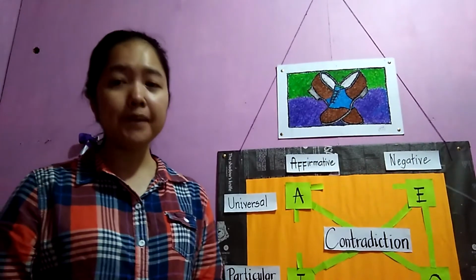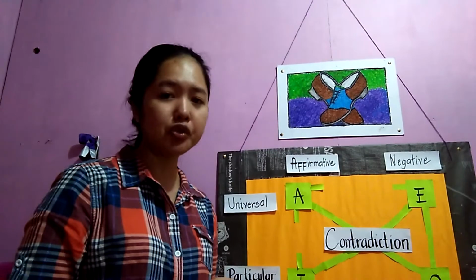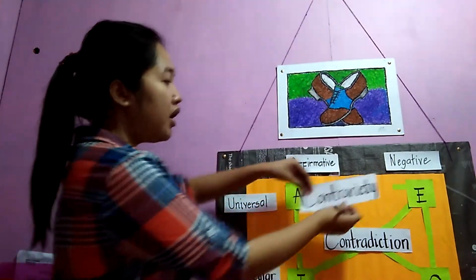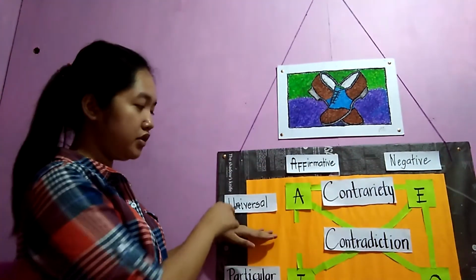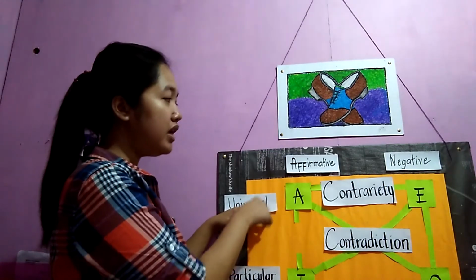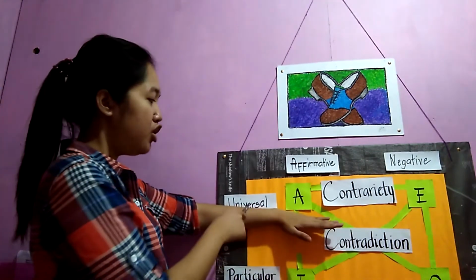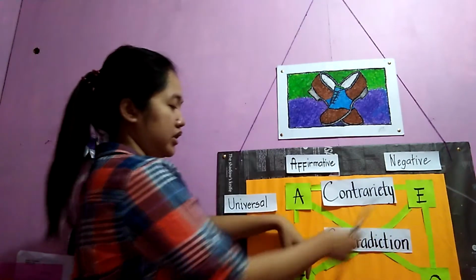The next type of opposition present in the square of opposition is what we call contrariety. Contrariety is a relationship between universal propositions that differ in quality, affirmative and negative. So we have two universal propositions, the A and the E proposition.